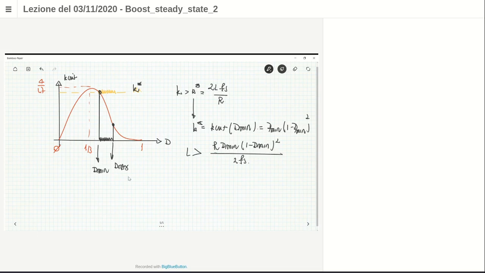In order to be sure, again, which R do I have to consider here? The maximum possible resistance, R max, which is defined as P naught over I.